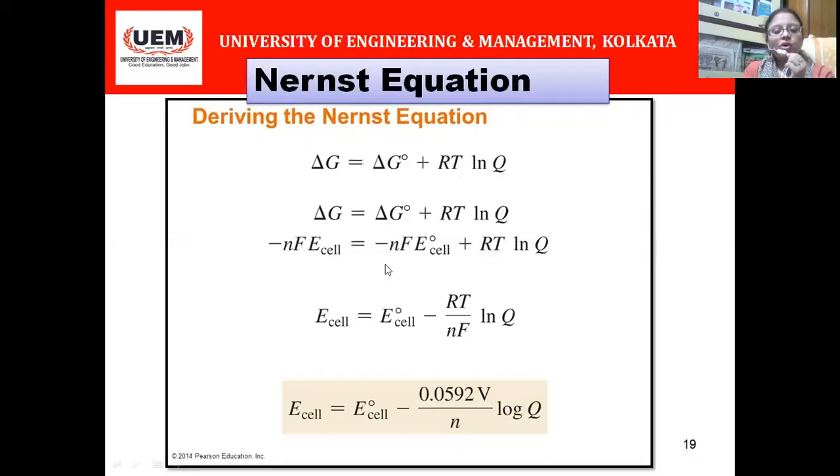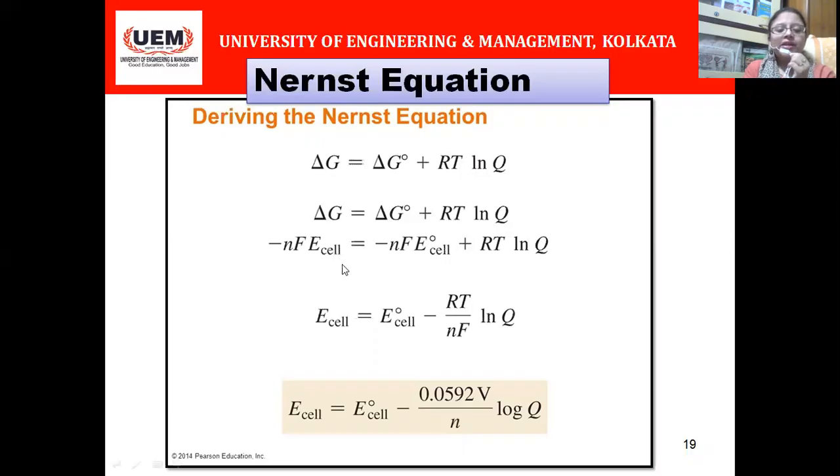Again N is the number of electrons that are flowing, F is 96,500 coulomb or 1 Faraday, and E naught cell is the standard electrode potential. And for RT ln Q, please remember the Q term: it is the concentration of the product divided by the concentration of the reactant.